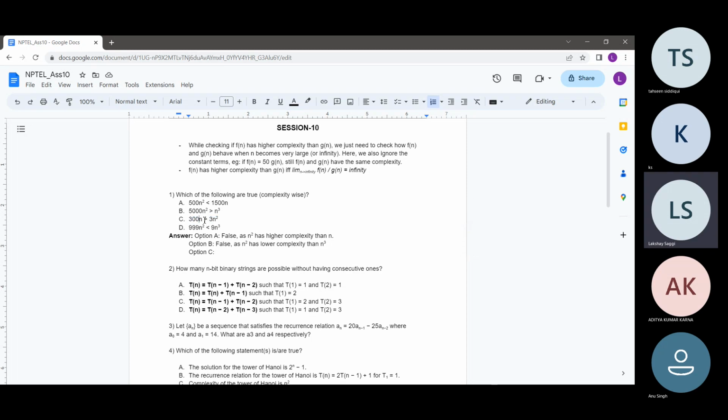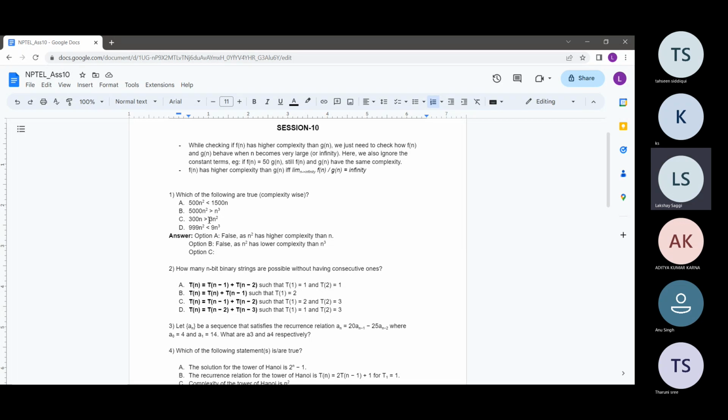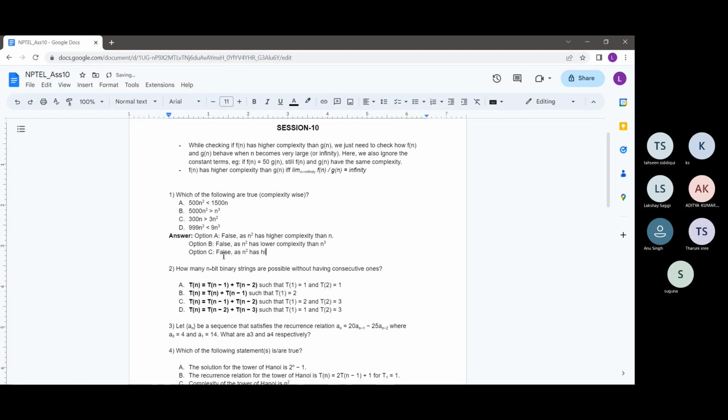So this is also incorrect. It should be the other way around, 3n square should be greater than 300n. So this is also false, as n square has higher complexity than n.